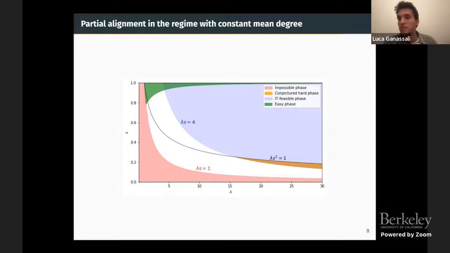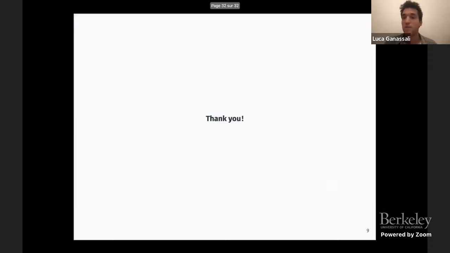And this may be a first clue about the existence of a hard phase for this problem. So this is a first glimpse of what may be the wide hard phase for this graph alignment problem. All right, so I'm done with this presentation. Thank you very much. And please don't hesitate to come to me for further info.